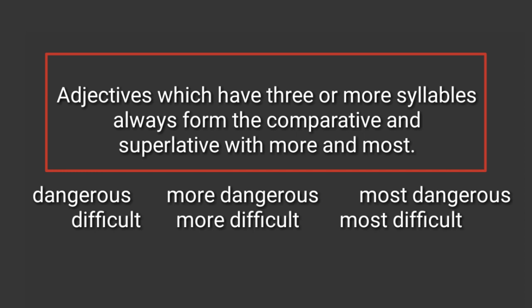Look at this first one, dangerous. Dangerous, three syllables, isn't it? Three syllables are there. So we added more to make the comparative form of the word dangerous, and we added most to make the superlative form of the word dangerous. Okay, dangerous, more dangerous, most dangerous.